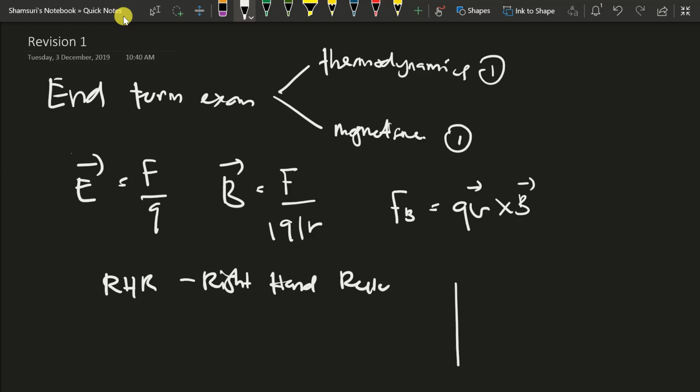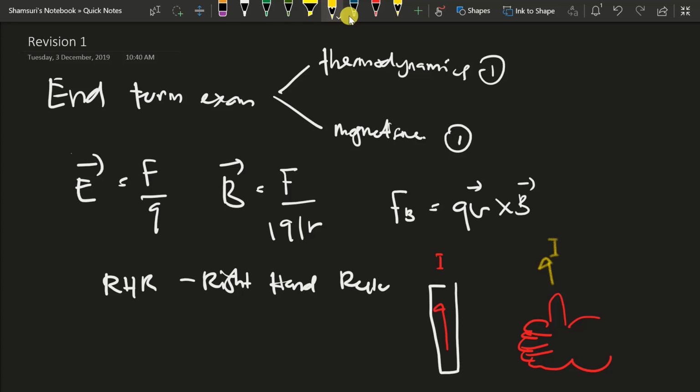If you have, for example, the current flowing in this direction, using your right hand rule and your thumb like this, this is the direction of the current I, and this is the direction of your magnetic field. So this one is your B.